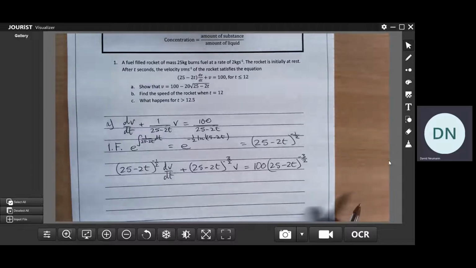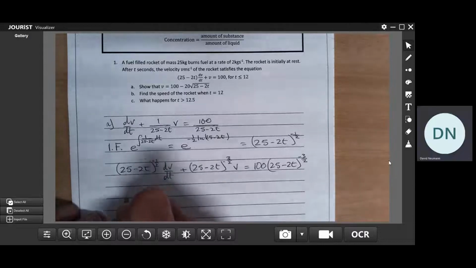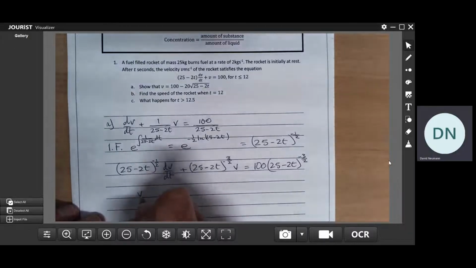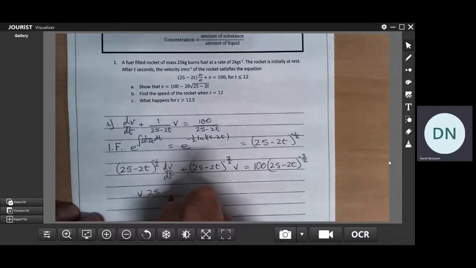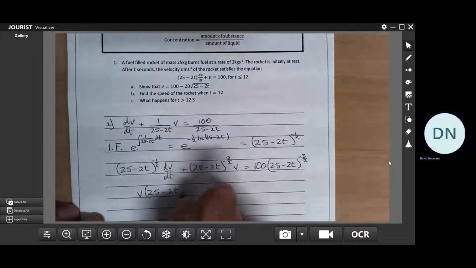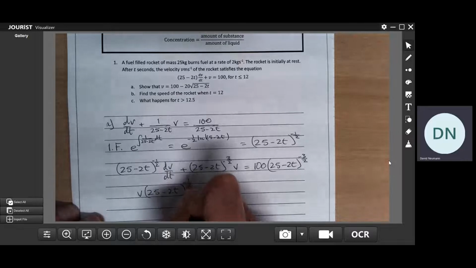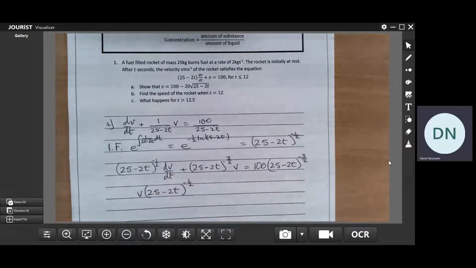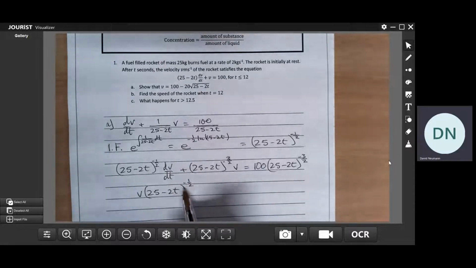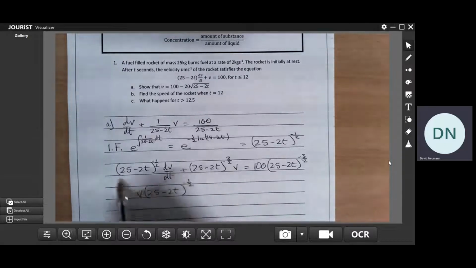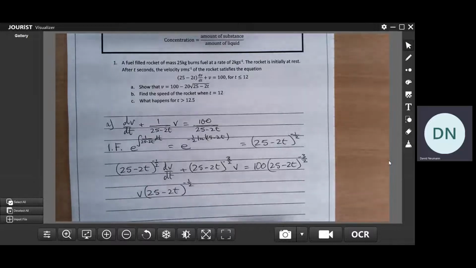So what are we going to do now? We're going to integrate. On the left hand side, we're just going to get v times 25 minus 2t to the power of minus a half. If you notice that when we differentiate that, we get the -1/2 times the -2, which is why we don't have any constant factors here.